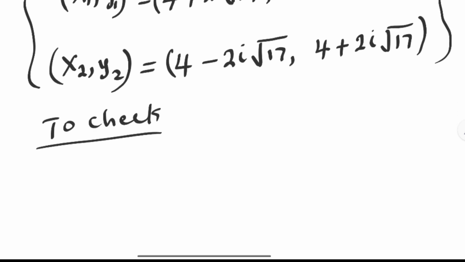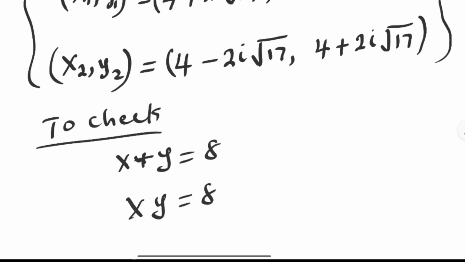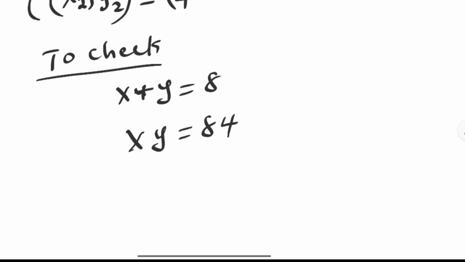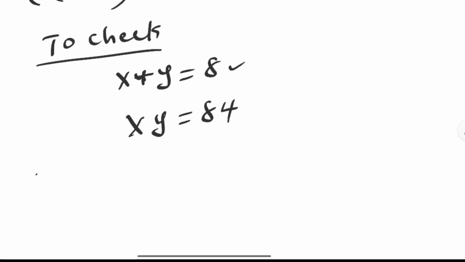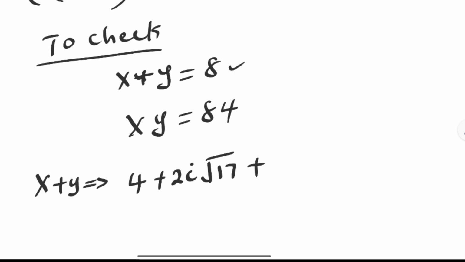To check, the given equation is x plus y is equal to 8. xy is equal to 84. Let us consider this. x plus y can be written as 4 plus 2i root 17 plus 4 minus 2i root 17 must be equal to 8.